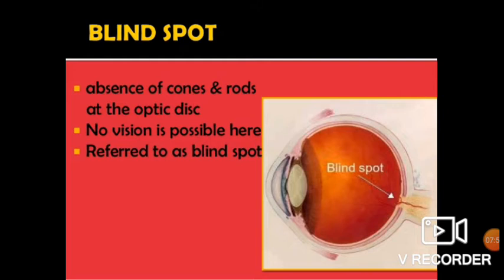Blind spot: absence of cones and rods at the optic disc. No vision is possible here, referred to as blind spot.